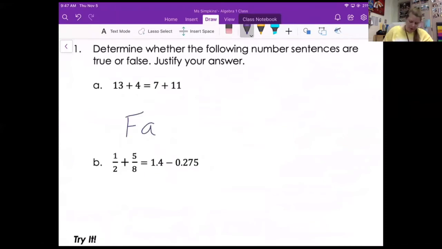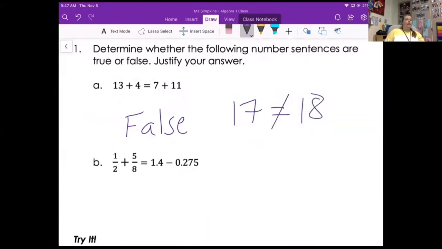And I do ask you to justify your answer. Now, that doesn't necessarily need to be words. You can just tell me what each side equals. So the left side, 13 + 4 is 17, 7 + 11, 18. And you crossing that equal sign is telling me that those do not equal each other. 17 does not equal 18, obviously.